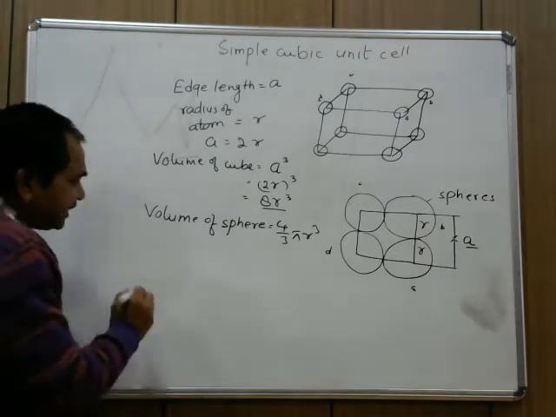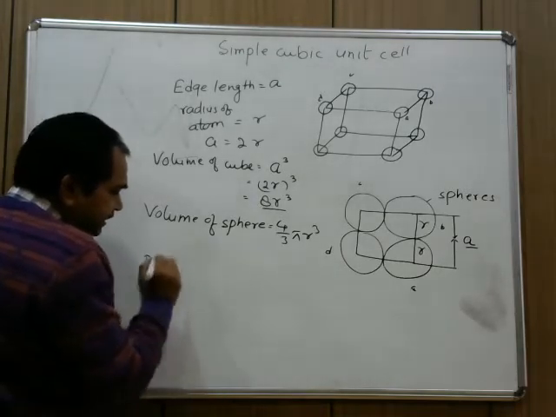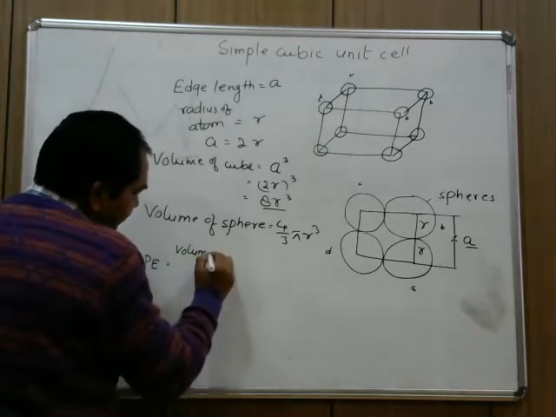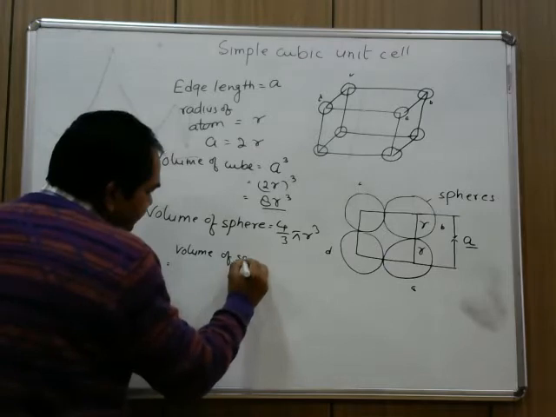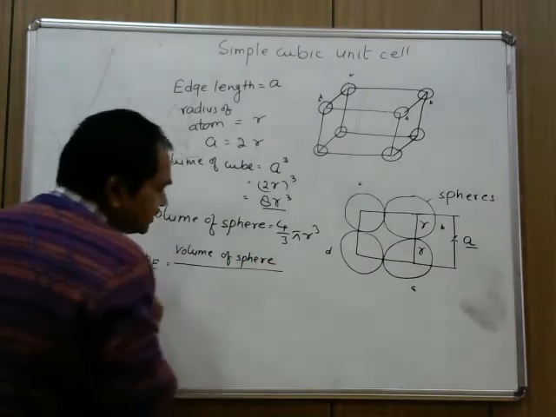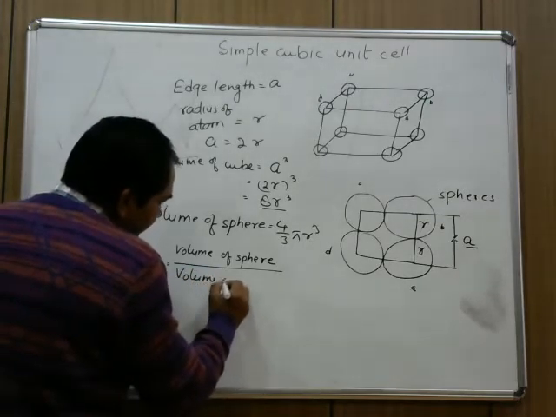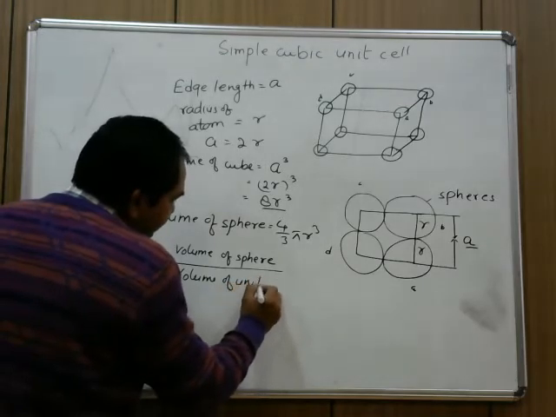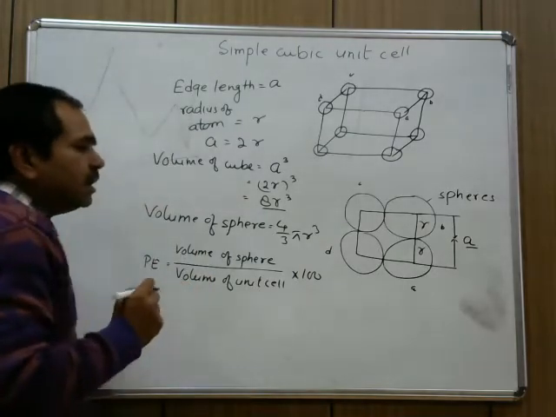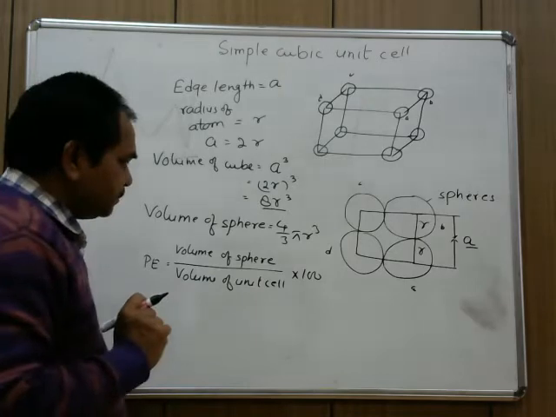Now packing efficiency is calculated by volume of sphere or spheres divided by volume of unit cell into 100.